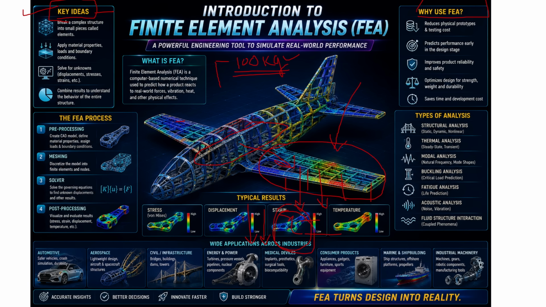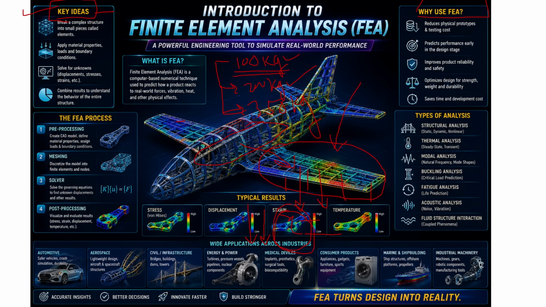Suppose I apply 200 kg of load, and it also shows that the aircraft wing is not failing. But suppose I apply 350 kg of load, and the wing fails.